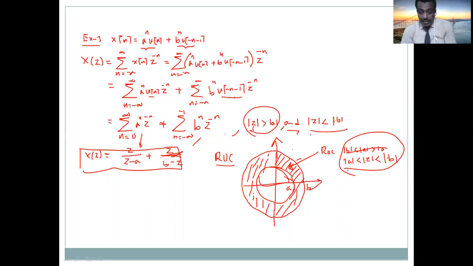Only the values of Z in this region make the Z transform of this sequence exist. If you take any value of Z outside this region, the Z transform does not exist. Okay. See you next class.